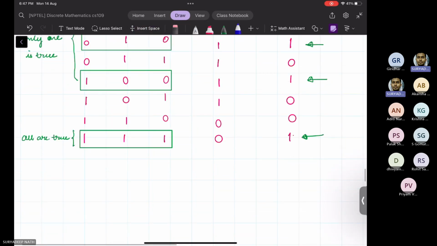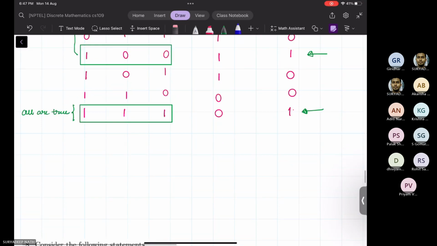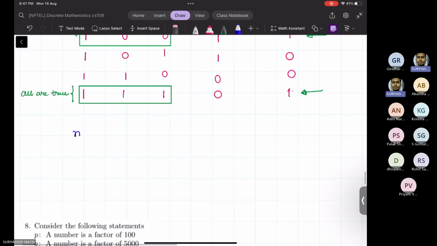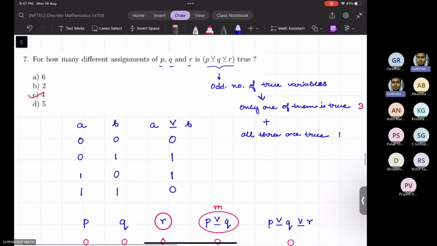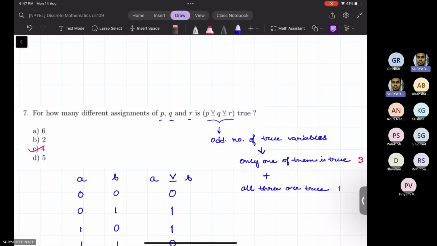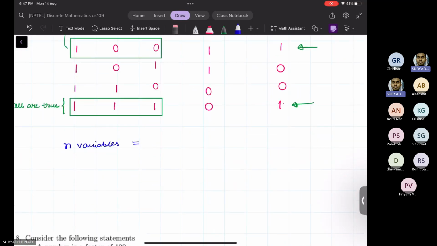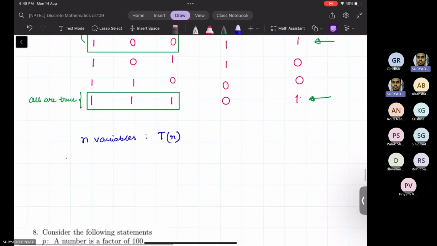If you have, let's say, n variables, and this expression that the XOR of all the variables is true happens for, let's say, tn times. And now you add the n plus 1th variable.